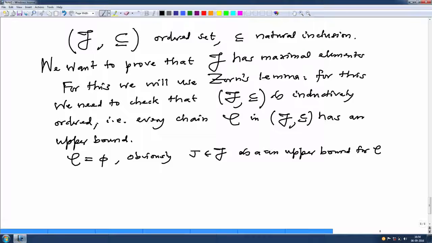So an upper bound means a subset which is in script J, but it should contain all elements of C. So that is an upper bound for C.